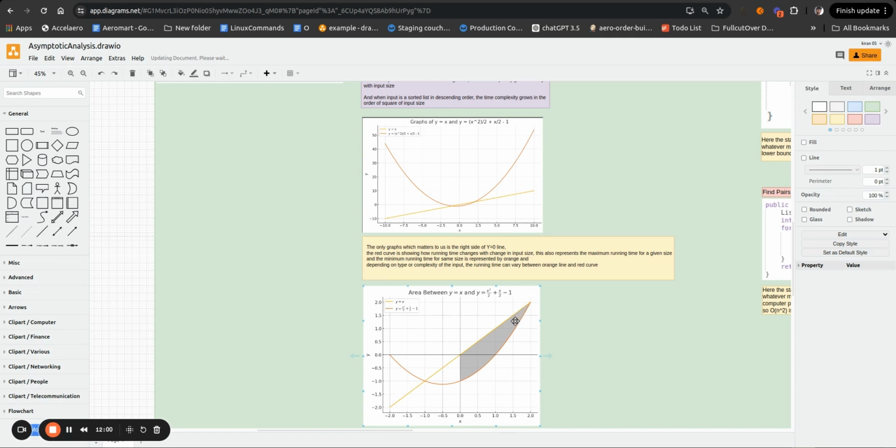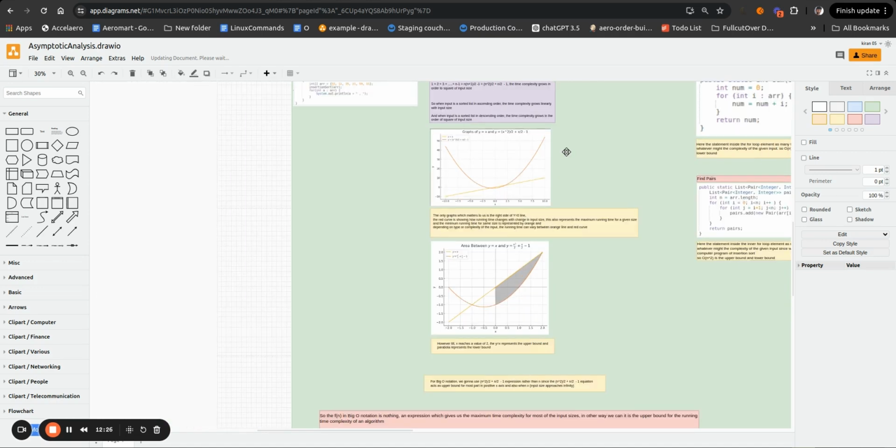But anyway, this is only two instances, right? When size is one and size is two. The majority of the portion of the positive x-axis, the parabolic curve is dominating the straight line. Due to which we will be using this quadratic equation to represent our time complexity in big O notation.